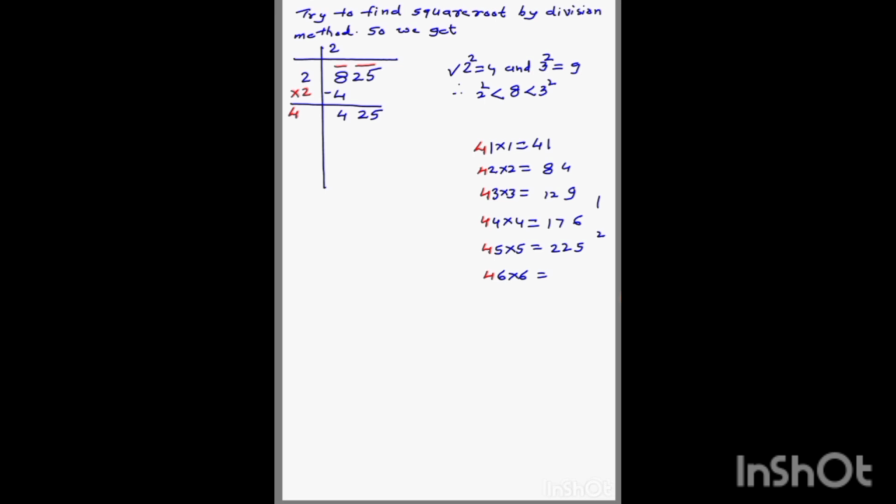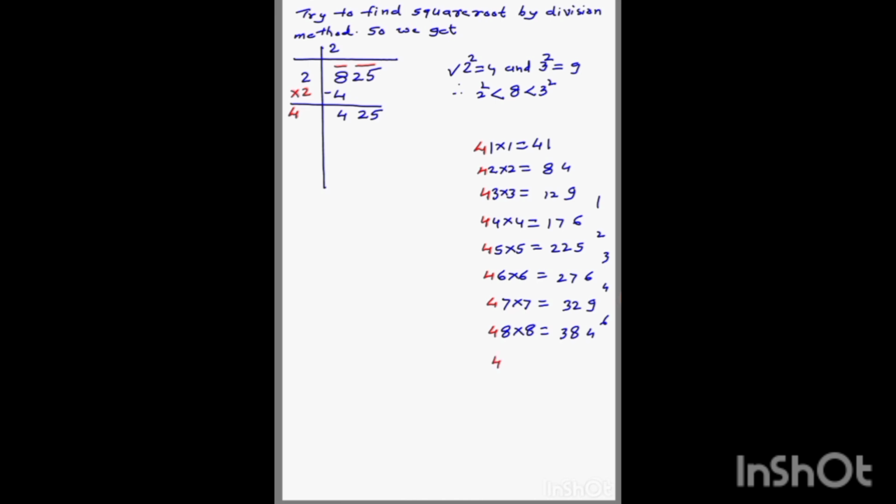Don't make a mistake in multiplication, that is very important. 6 into 6 is 36, carry 3, 27, so 276. 47 into 7 is 9, no, 49, 9, carry 4, and this is 32, so 329. 48 into 8: 8 into 8 is 64, carry 6, it is 32 and 6, 38, so 384. This is very near now.